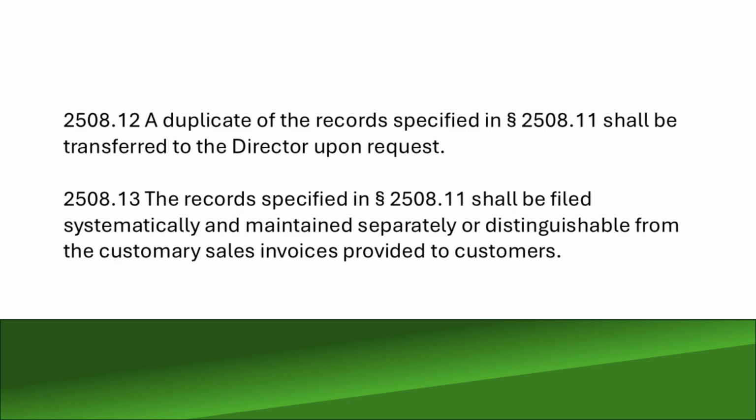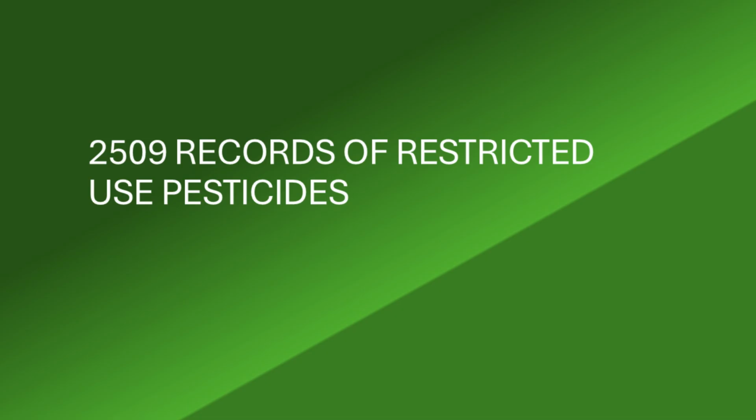2508.12, a duplicate of the record specified in 2508.11 shall be transferred to the director upon request. 2508.13. The record specified in 2508.11 shall be filed systematically and maintained separately or distinguishable from the customary sales invoices provided to customers. 2509.